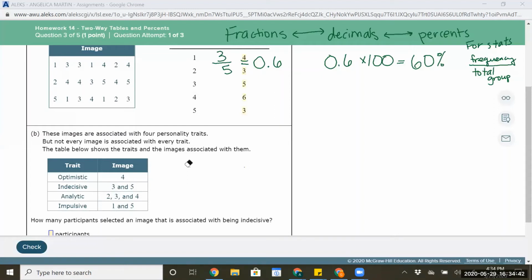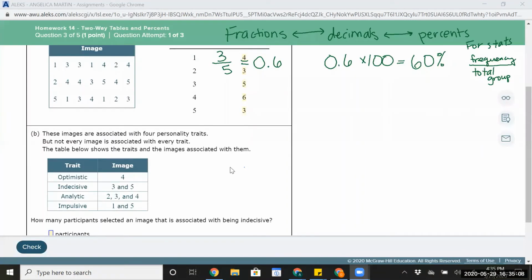Analytic, again, analyzing the situation, looking at it carefully, and optimistic, being positive about that situation or that image. And finally, image 5 seems to have shown indecisive and impulsive. So doing things without thinking, but then being unsure about it. So that's how the 5 images were associated with personality traits.